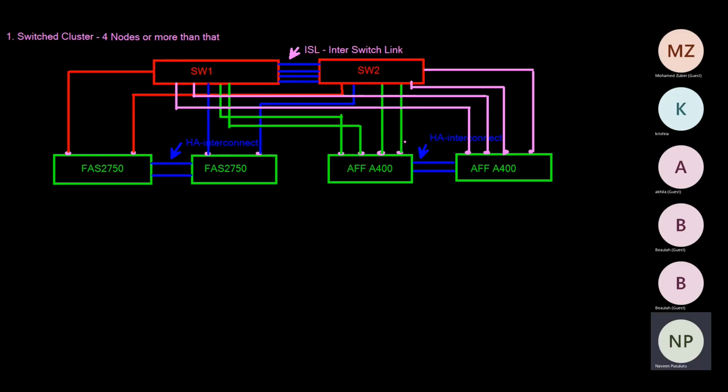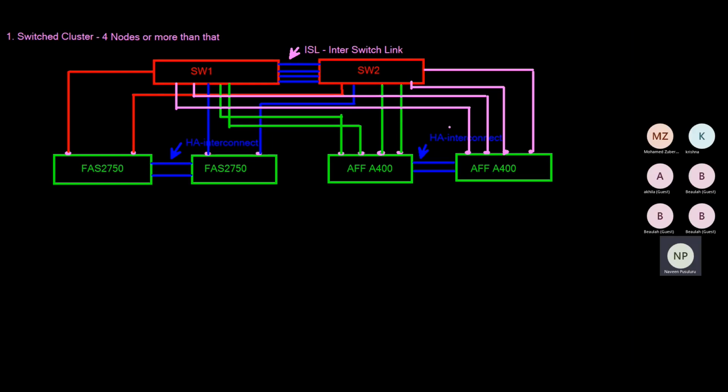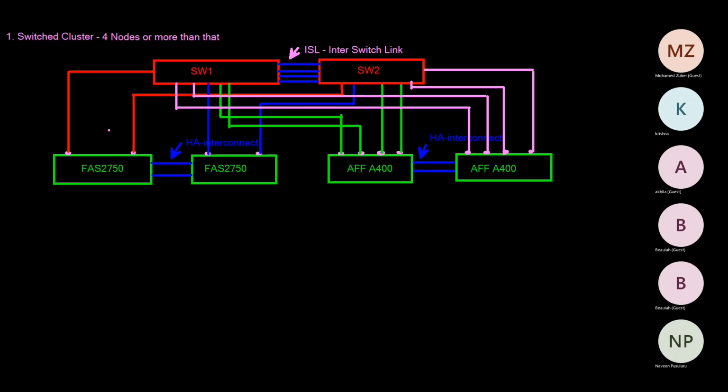This is how we'll connect. These all are cable connections we need to do. Normally, if the controller has only two pre-configured ports, you need to connect one to each switch. When some models have more than that, like 4 ports, then 2 to switch 1, 2 to switch 2. All these connections we'll call cluster connections.